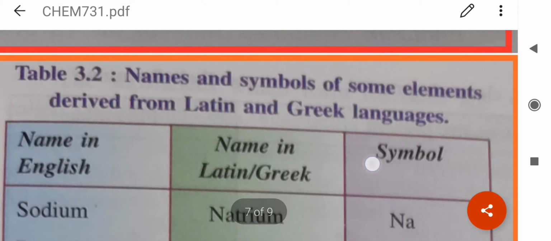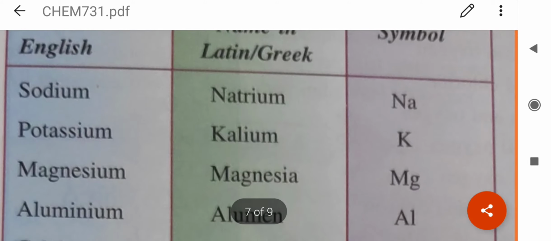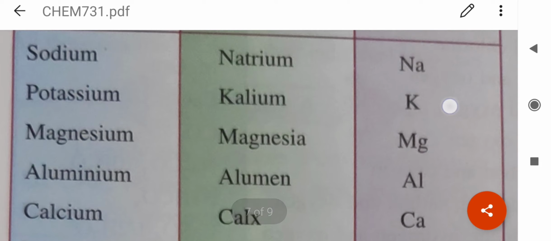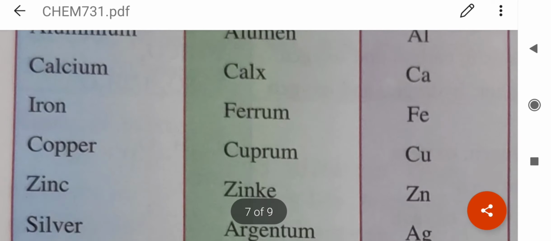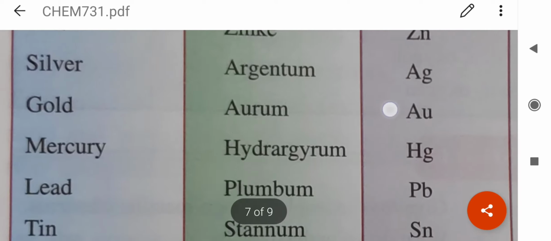Then let us see the names of those elements which are derived from the Latin and Greek languages. Sodium Na, potassium K, aluminium Al, iron Fe, copper Cu, etc.